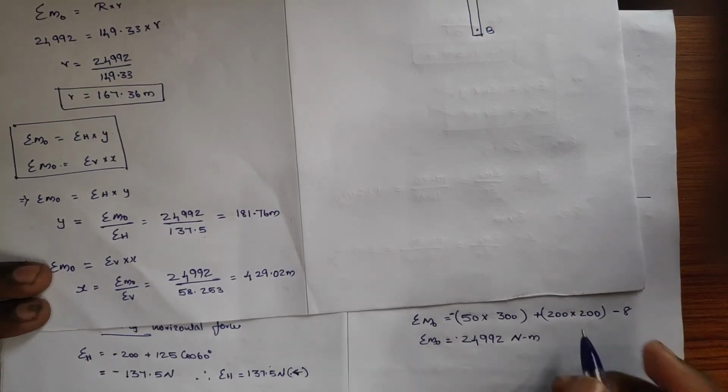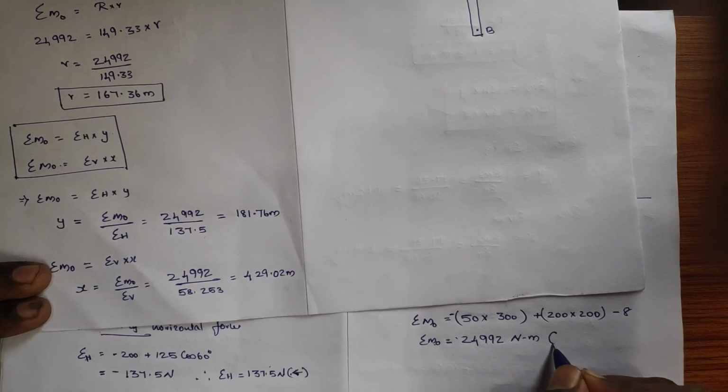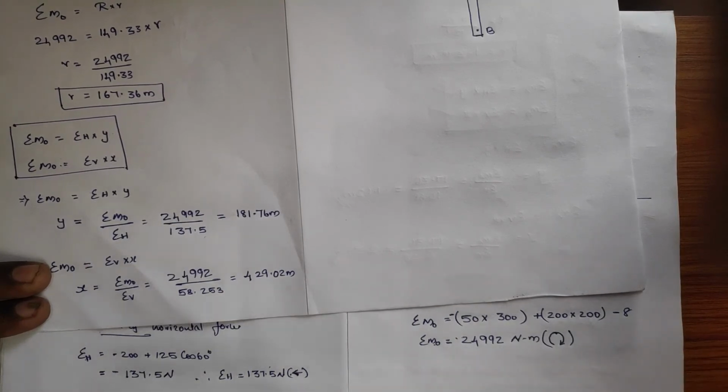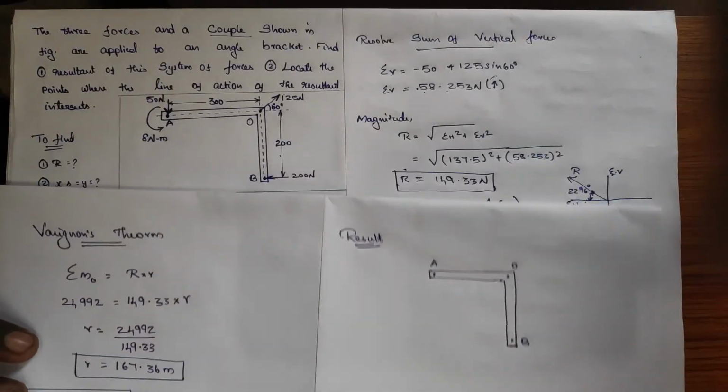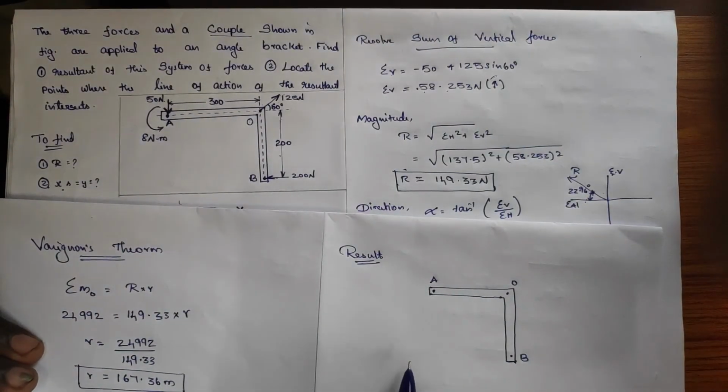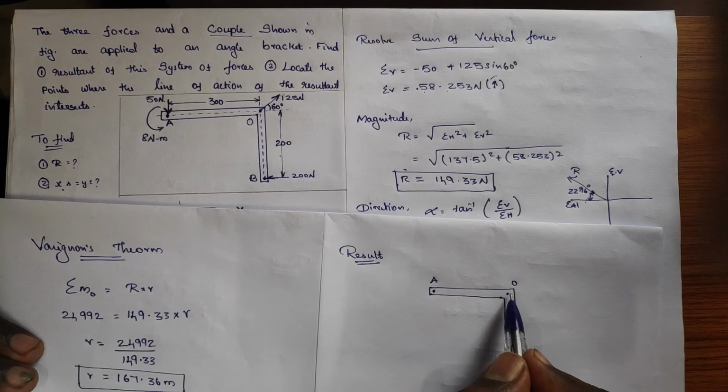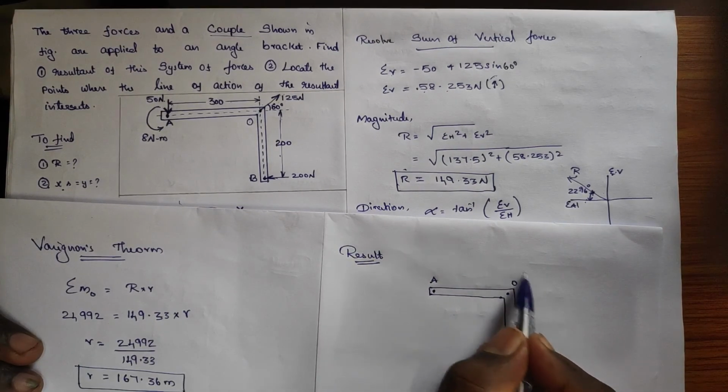The moment is moving in the clockwise direction. Here it is a positive sign, so it is clockwise, positive. If it is negative, then it is anti-clockwise. So when placing the resultant force on the frame, it should rotate about O in the clockwise direction.